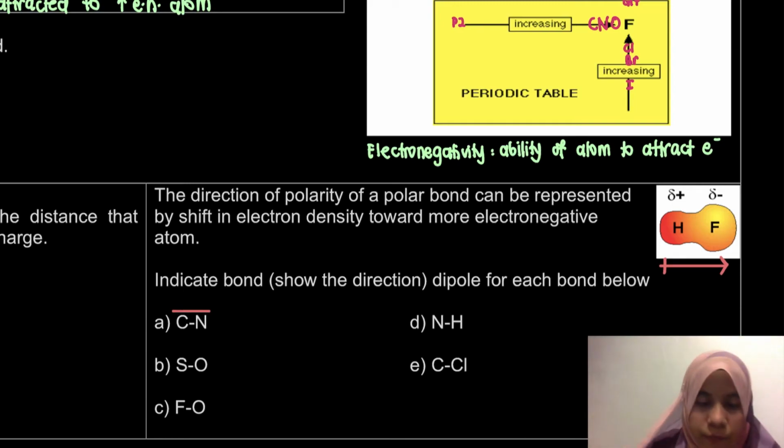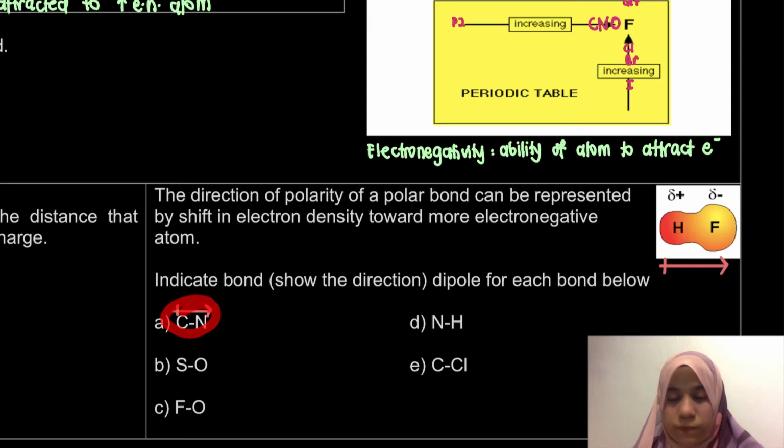Okay, and then make sure yang electronegative ni, nitrogen kita ni yang kita buat kita punya head. Okay, tail ni kita akan guna yang less electronegative element. So macam ni, carbon, nitrogen. Lepas tu, next we're going to look at for example B.